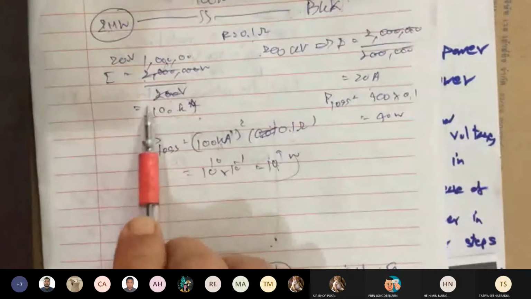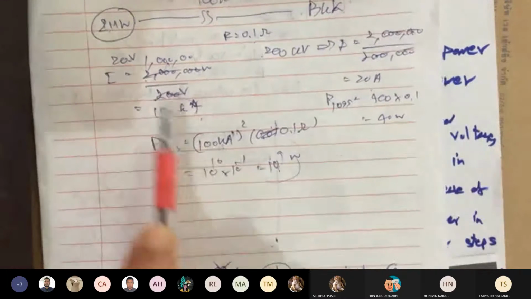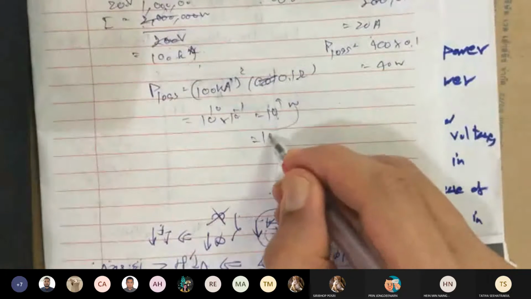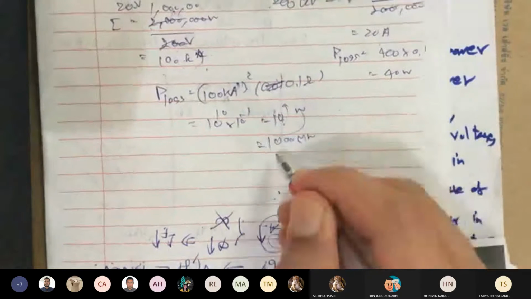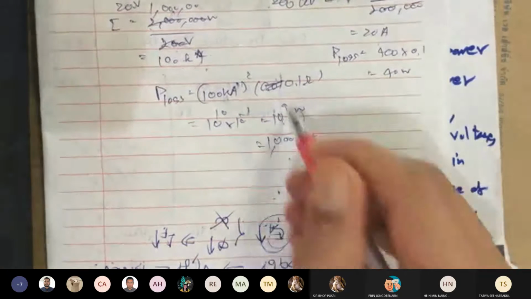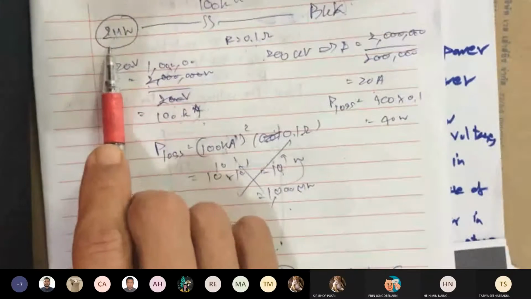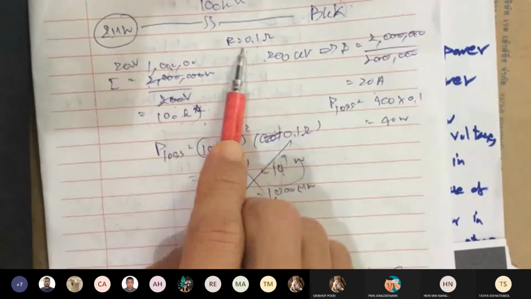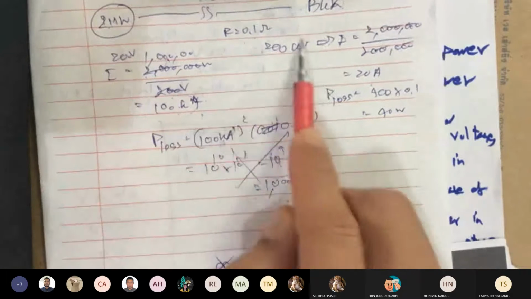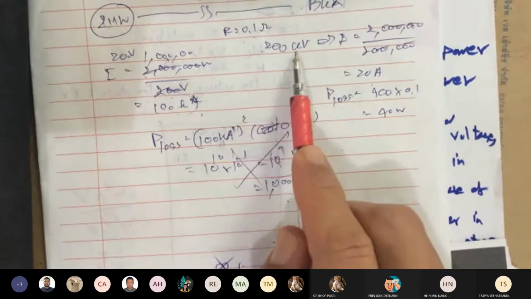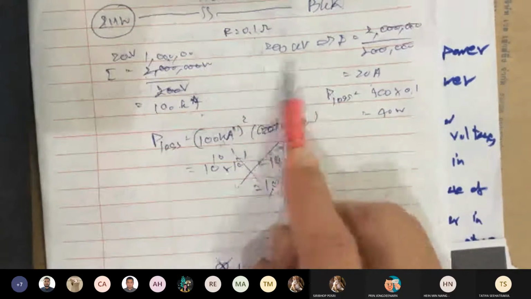Now, the first system is not feasible because I generate 2 megawatt and my losses are 10 to the 9, which is 1,000 megawatt. Not feasible. I look at system 2, I do the same thing. I'm trying to transmit 2 megawatts of power, but now I have to increase my voltage to 200 kilovolt.